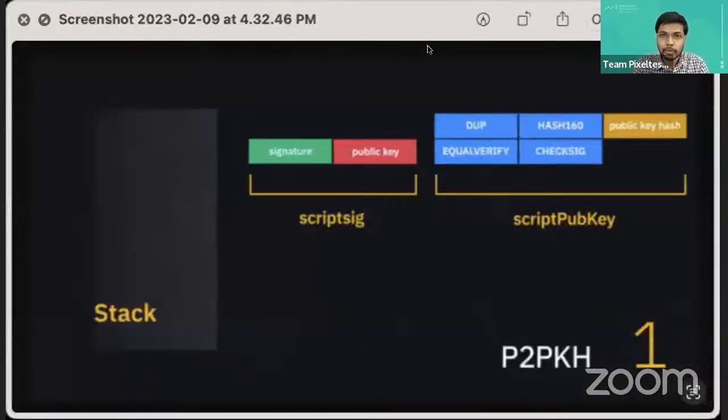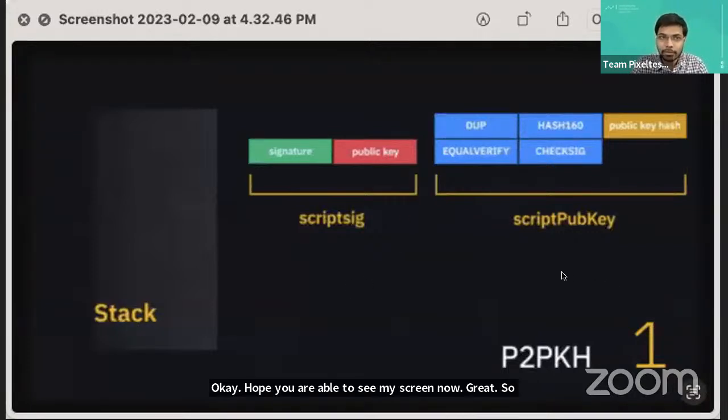Great. So in here, you can see that in step one, what is happening? The stack is empty. And what we have here is the script sig, the signature script or sig script, both are same. Now sig script has the signature and public key in it, right?